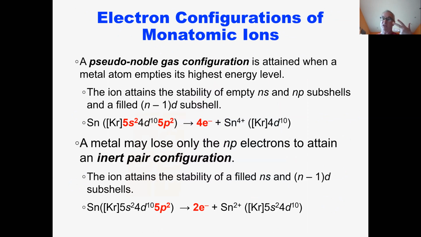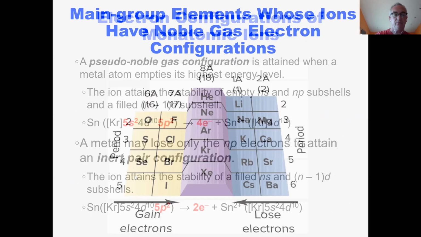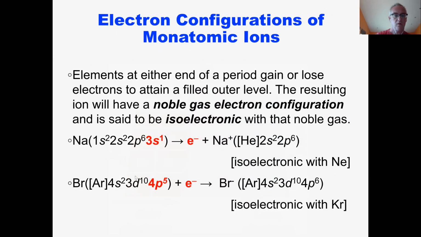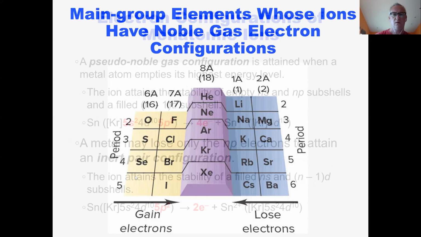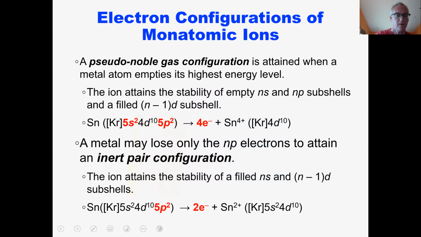So you can also achieve what we call a pseudo noble gas configuration. Whoops, let me go back. There we go. You can also achieve what's called a pseudo noble gas configuration.